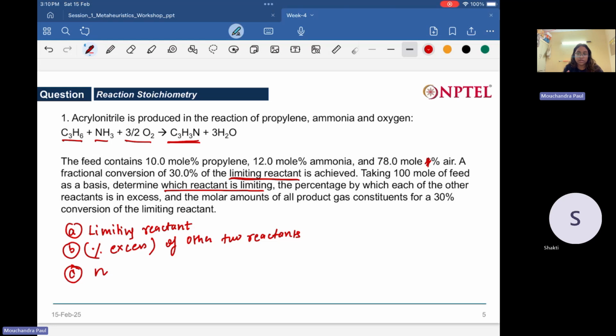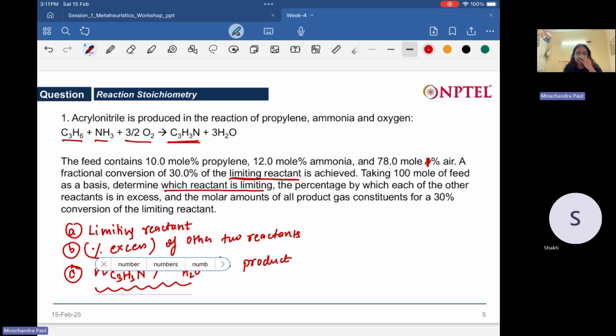Their product is acrylonitrile, so you have to find the number of moles for this and for water in the product. There can be other constituents as well.